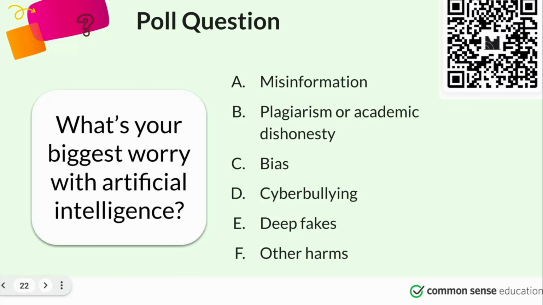I've done this a lot. Brian says always A. I find that bias and misinformation are our top two. Yeah, some people have got deep fakes. Roz is coming in and saying deep fakes. Brian is saying misinformation. Yeah, I think for me it's bias.